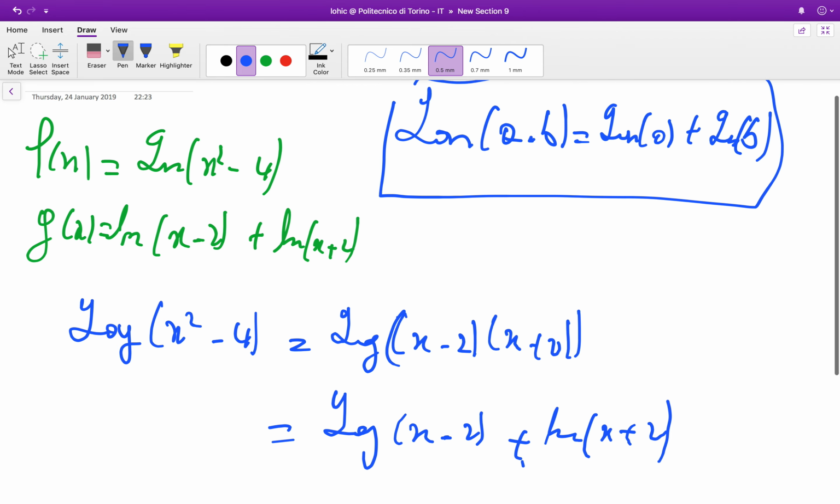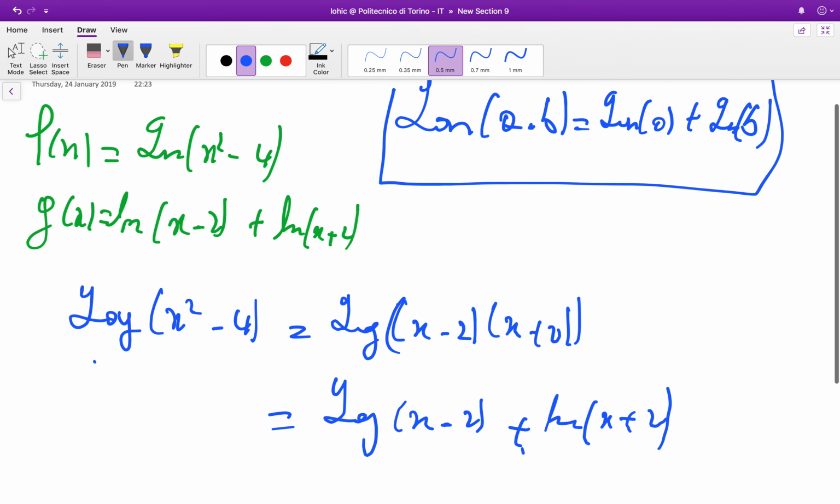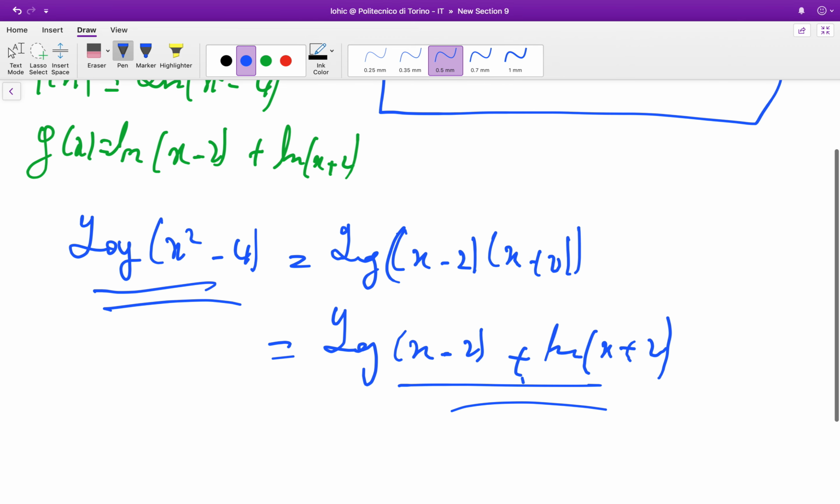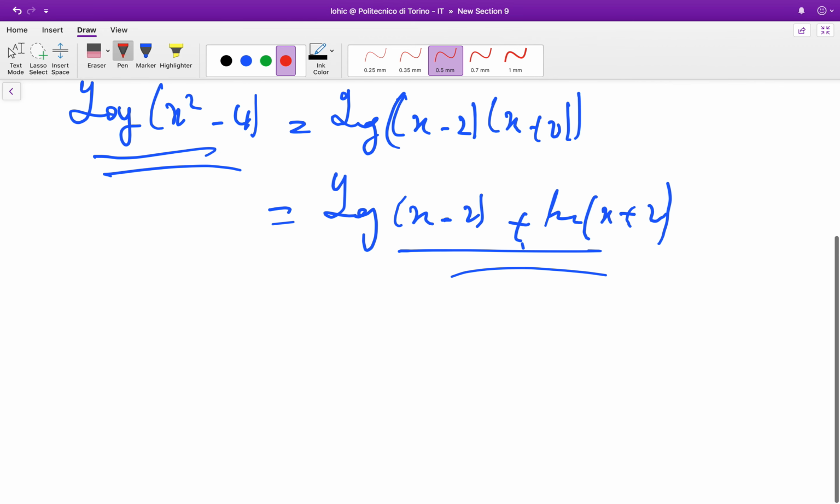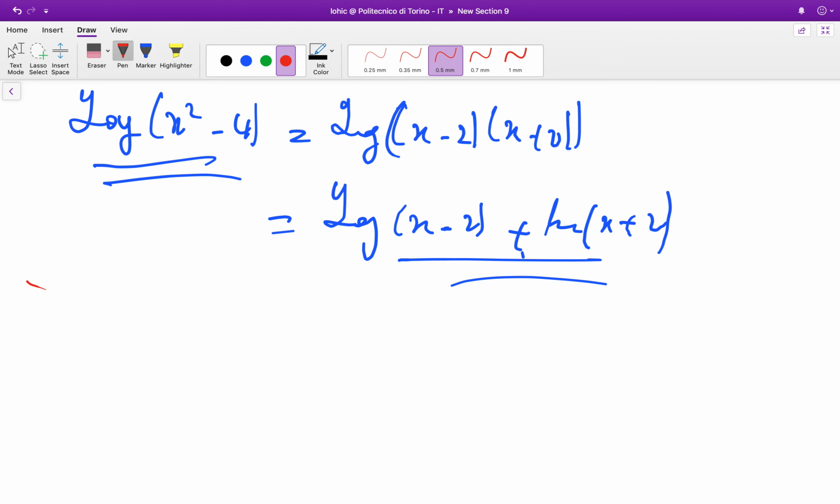But does it mean that this function is equal to this? Can I claim that the two functions are equal? The answer is they have the same expression, okay, but they are not equal, for the simple reason that, let me tell you the conditions for two functions to be equal. It's important to understand it because students used to make mistakes.